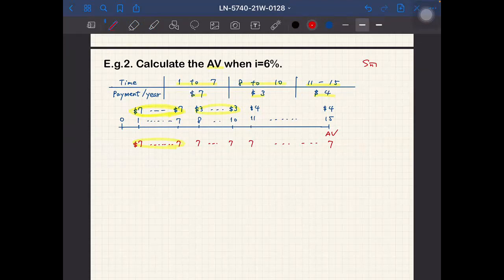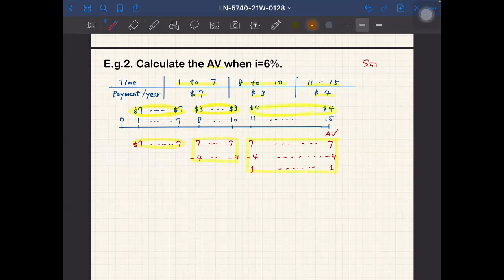So we put negative 4 at time 8 to time 15. Then now we match these payments of $3 each with this 7 minus 4. Then finally, the $4 each. So that means we have to add $1. So this is the payment.